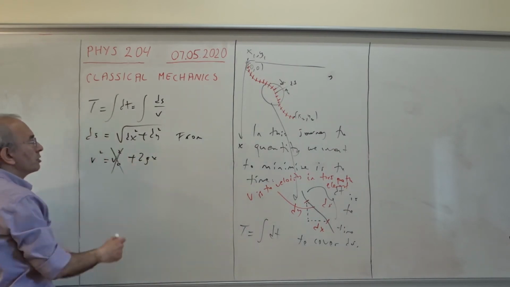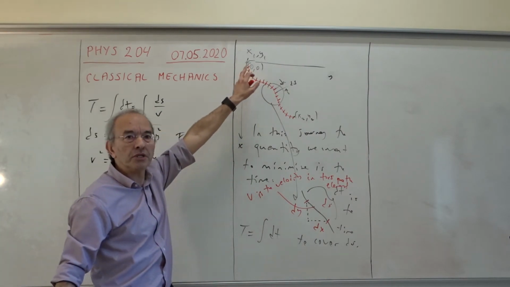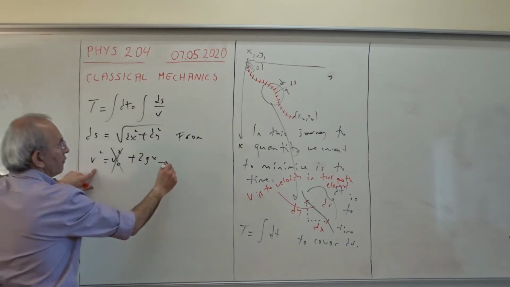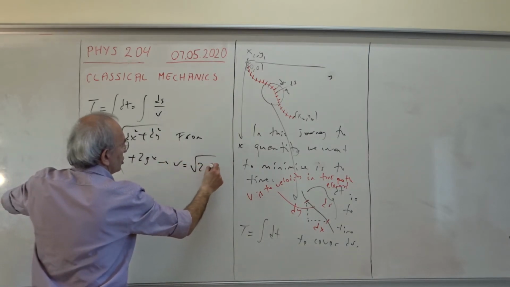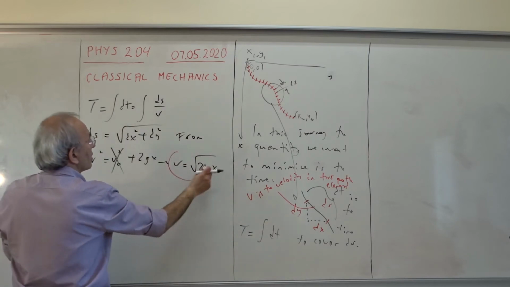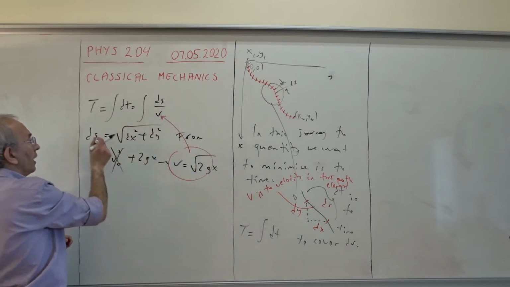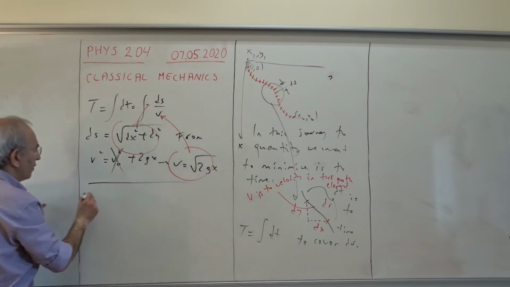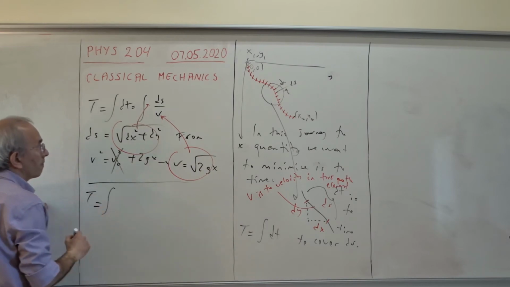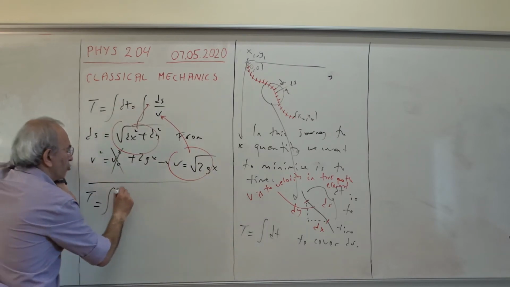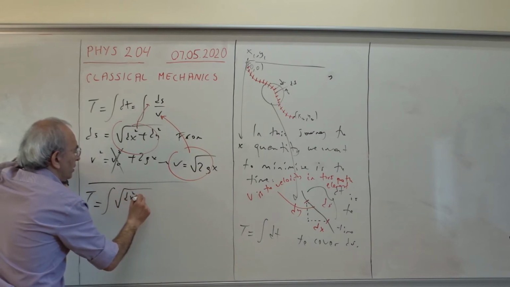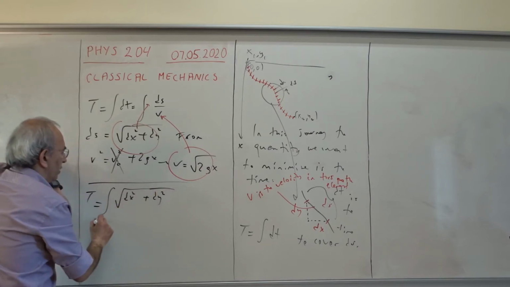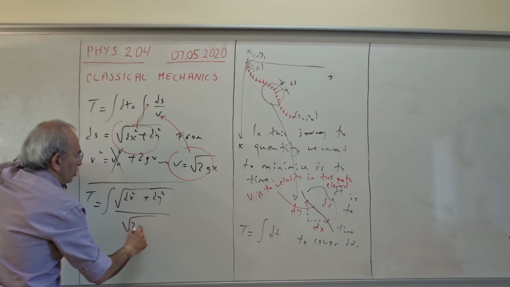And since there is no initial speed, it starts from point zero with zero speed, v can be written as v equals root 2gx. So put this v in the denominator and this ds in the numerator. Then we have t, which is an integral. In the numerator we have root dx squared plus dy squared, divided by root 2gx.